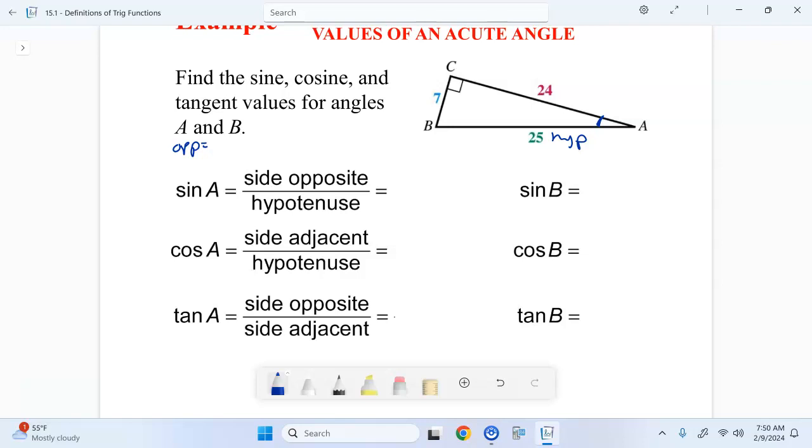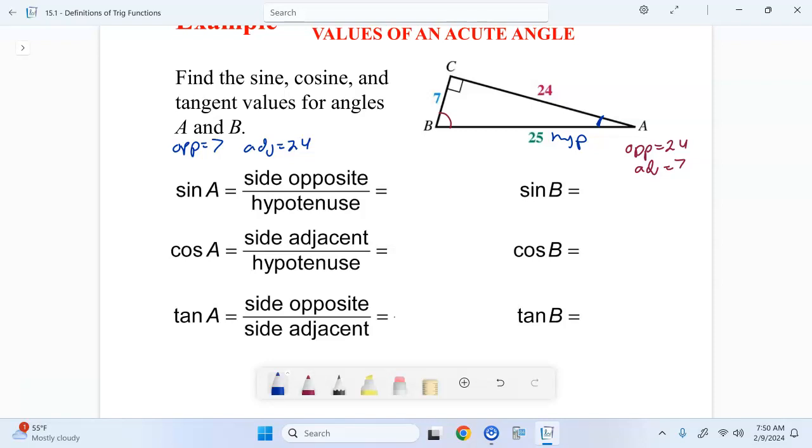What side is adjacent to angle A? 24. Okay? But when I look at angle B, what side is opposite of angle B? And what side is adjacent to angle B? Okay? So as we switch angles, opposite and adjacent also switch. So you need to make sure you're paying attention to which one you're referencing.